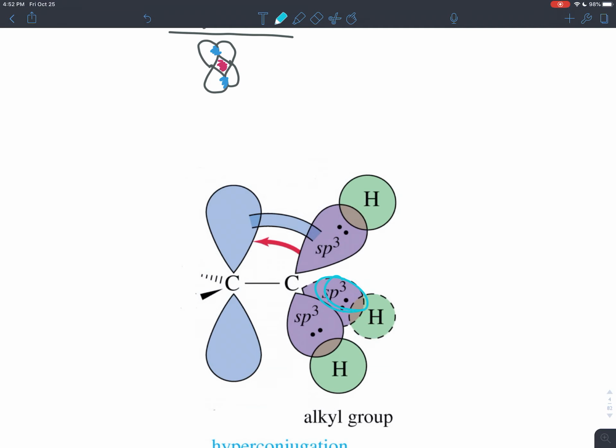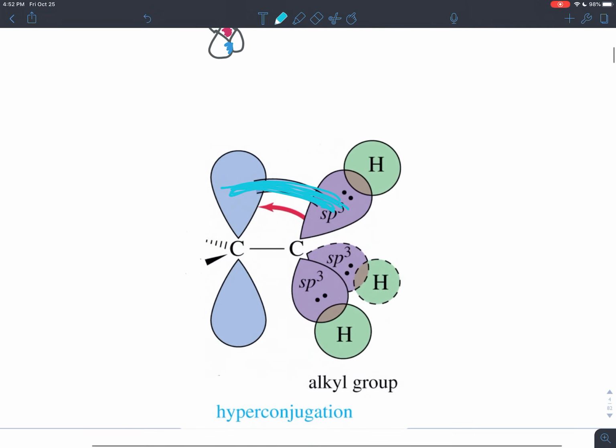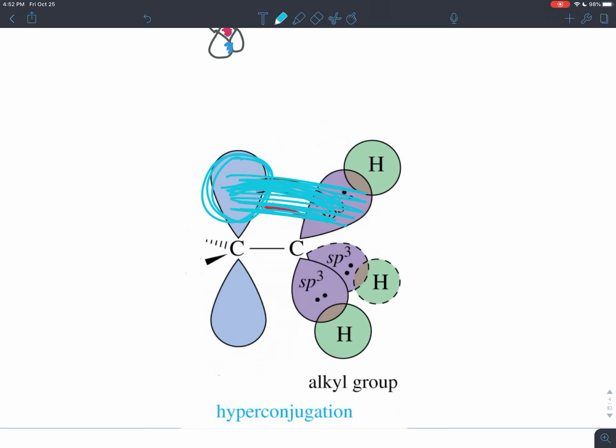Now this one in front is pointing out at us, the one in the back is pointing away from us, but this one here is in line with the page, and so are the lobes of the p orbital. And you notice that the one that's in the page bleeds into and overlaps with the p orbital. That overlap allows the electrons in the p orbital to spread out into this orbital.